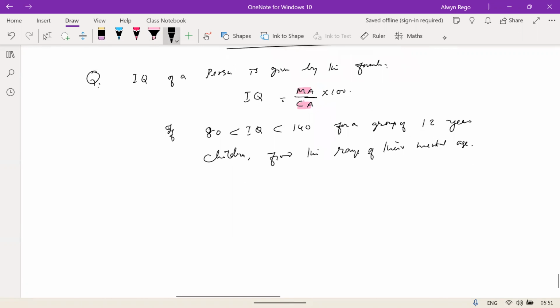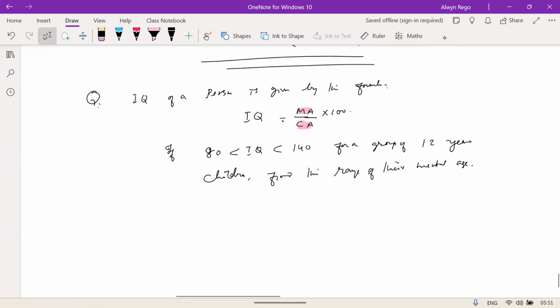All right. So the IQ is between 80 and 140 for a group of 12 year children. So 12 years is the chronological age, the actual age of them in terms of years. If that is the case, then what should be the mental age?